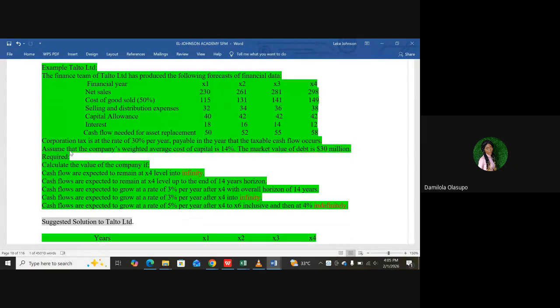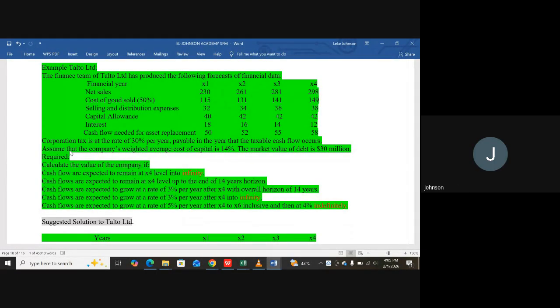Or, cash flows are expected to grow at a rate of 3% per year after year four into infinity. Or, cash flows are expected to grow at a rate of 5% per year after the fourth year to the sixth year inclusive, and then at 4% indefinitely.